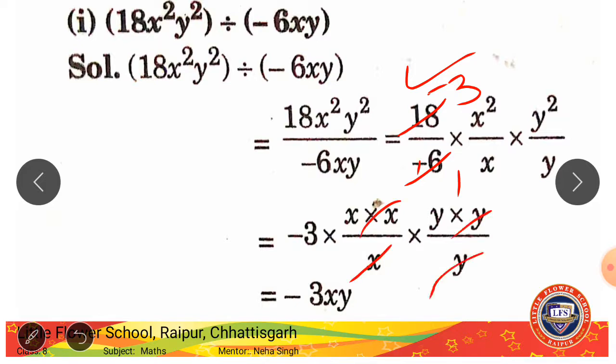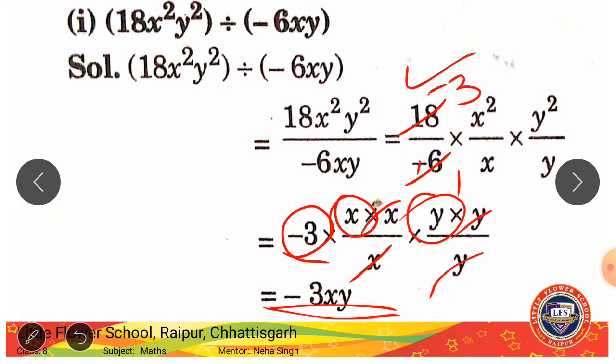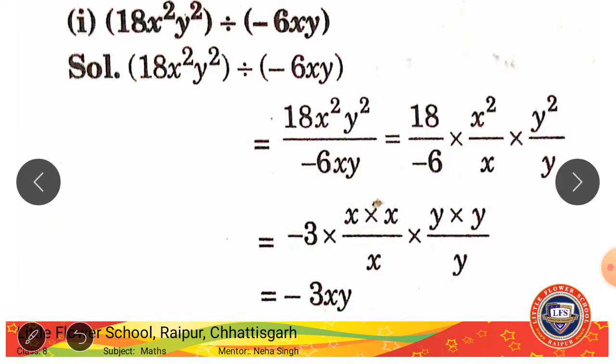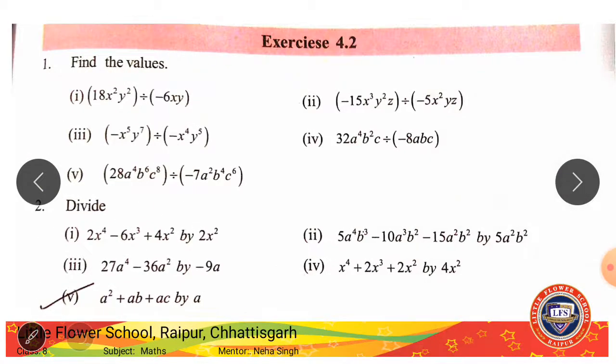X gets cancelled, y gets cancelled, you are left with minus 3 x and y. This is your answer. Okay, it is easy to solve. When you are separating it, it becomes much simpler. You can cancel it here also, no problem, but if you are separating, it is easier for you to solve.